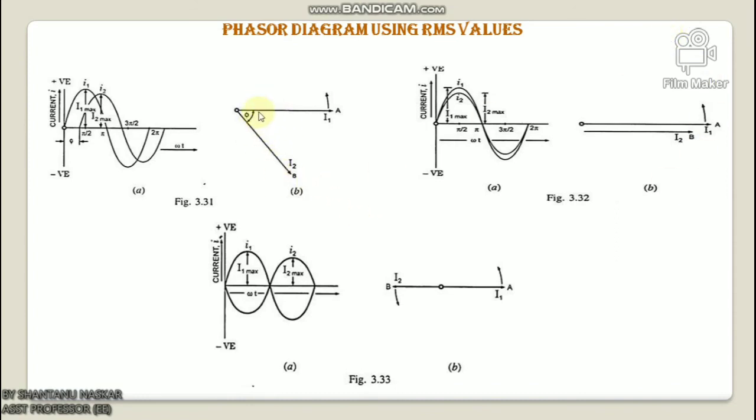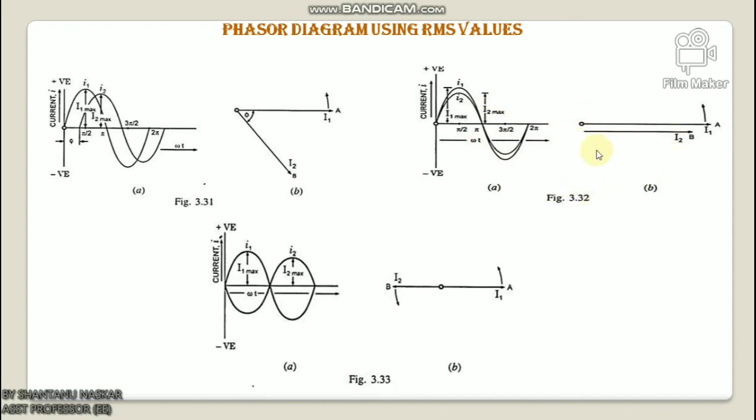Okay, the two quantities are said to be in phase with each other if they pass through zero value at the same instant and rise in the same direction as shown in this figure. So two quantities are said to be in the same phase.